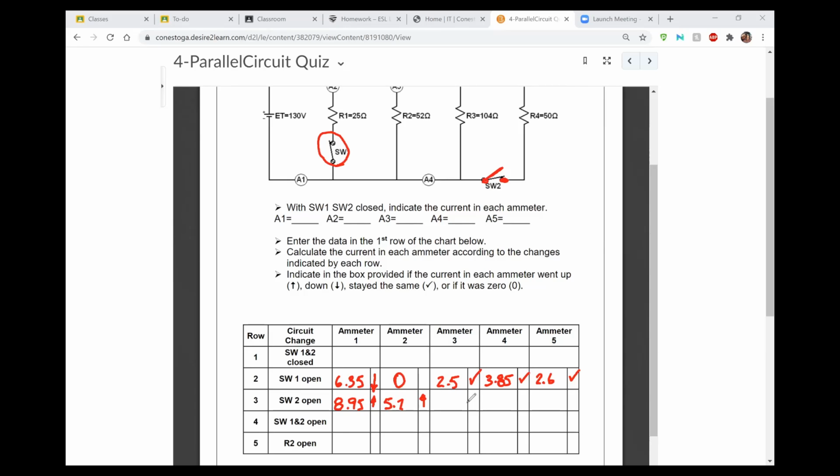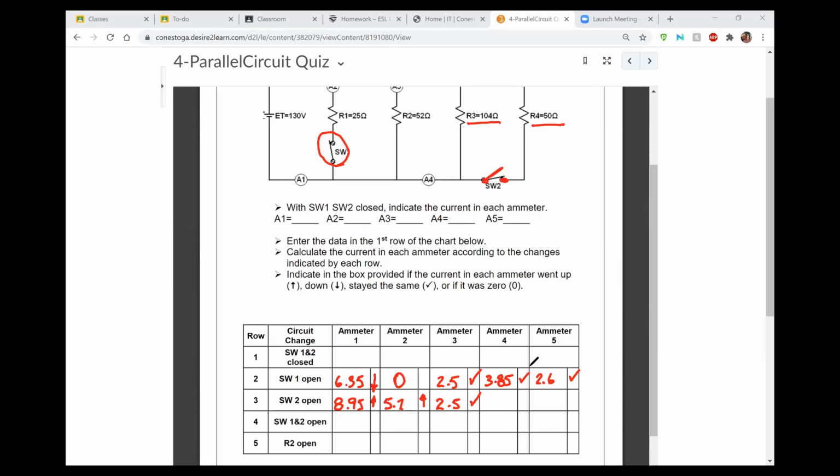And then on A3 we didn't have any effects. It wasn't affected. However, A4, as I said before, is the sum of resistor 3 and resistor 4. And because we open the branch through R4, we lost that current.